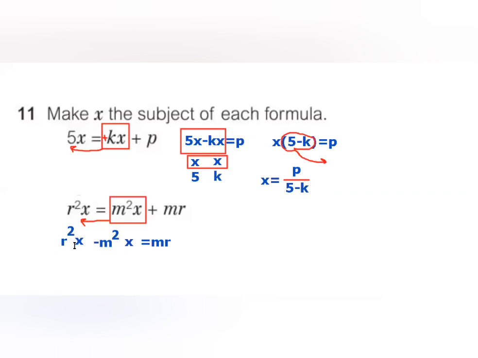So this one is x times r power of 2, and here we have x times m power of 2.